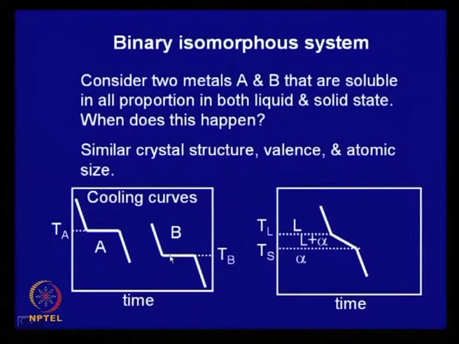It does not have a step as over here, and solidification of this alloy will possibly begin at a temperature which, depending on the composition, is lower than the melting point of A, and the process of solidification will be completed at a temperature a little higher than the melting point of B. So, we define T L as the temperature at which solidification begins, when crystals of an alloy alpha, a solid solution of B in A or vice versa, whatever you may say, start forming.